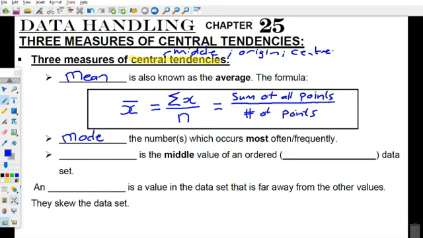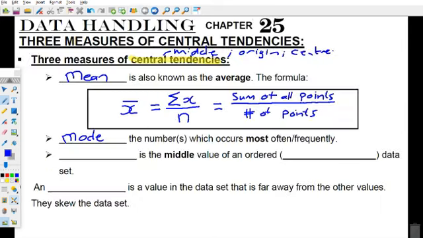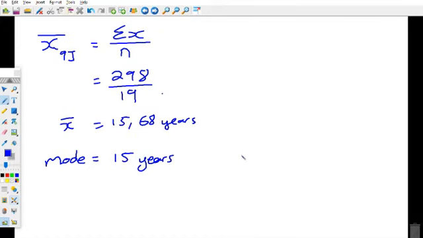The mode isn't a very heavy statistical thing because it just says what occurs the most. But we have seen here, look, the mode is going to be 15. If there are 7 people who are 14, 7 people who are 15, and the rest are other numbers, then the mode is just 14 and 15.